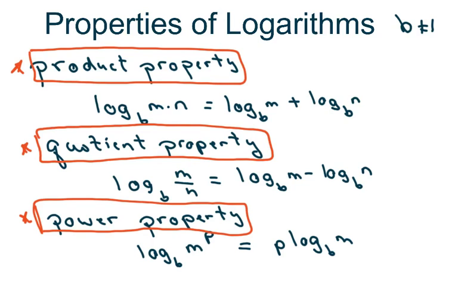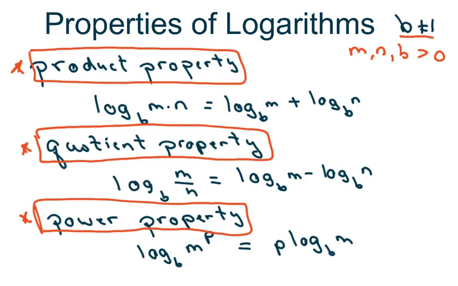We also know that b can't be 1, and also that our m and n and b all have to be positive.